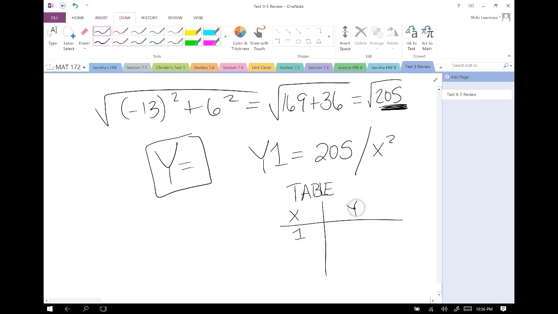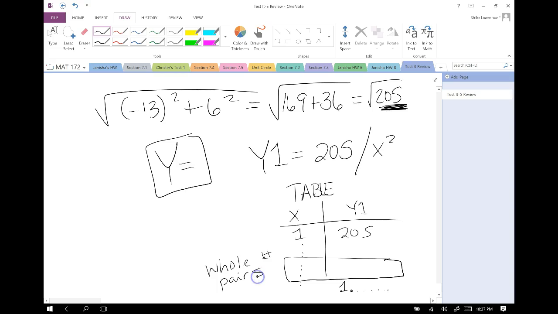Really, 1 doesn't matter because it's going to say 1 and 205. And go until you get to like a y value of 1 point something, because those don't matter either. See if there are any whole number pairs, and you want to find the biggest possible. If you see any whole number pairs in this list, then that radical will simplify. The x is what comes out and the y is what stays in.